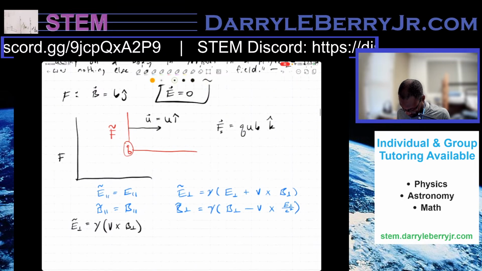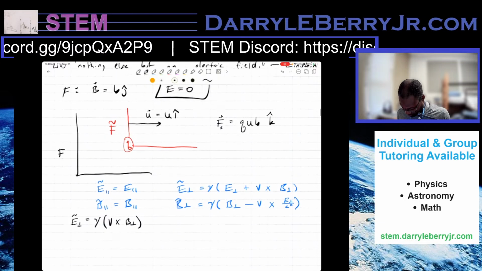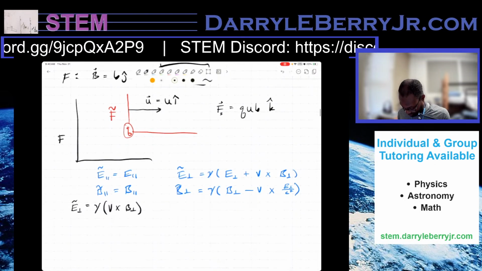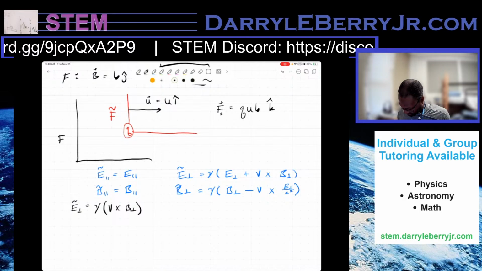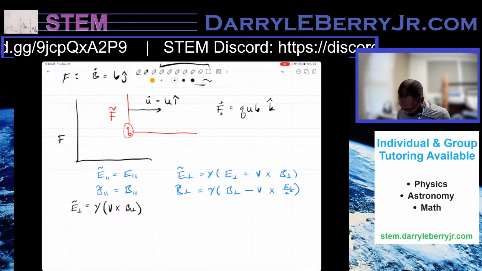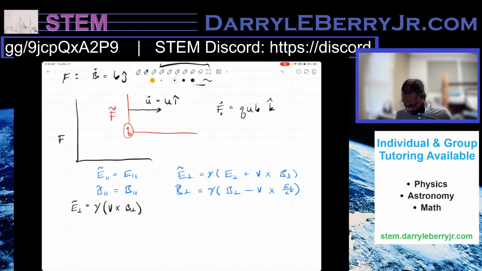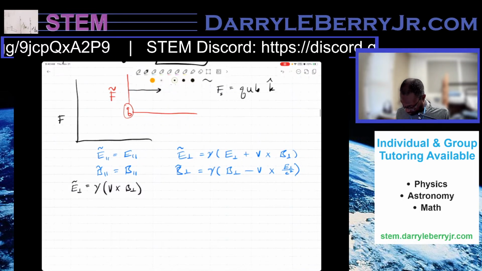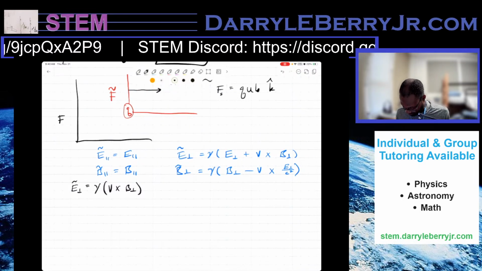So that's going to be V cross B. And B is only in the j direction. J must be perpendicular.